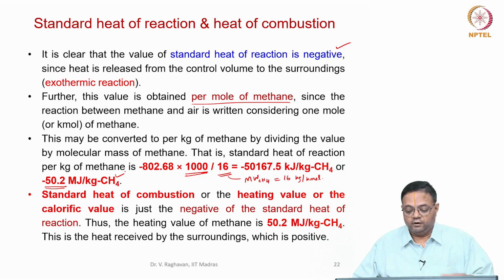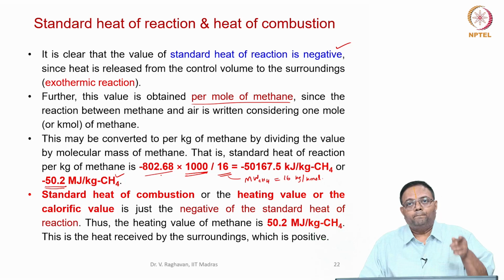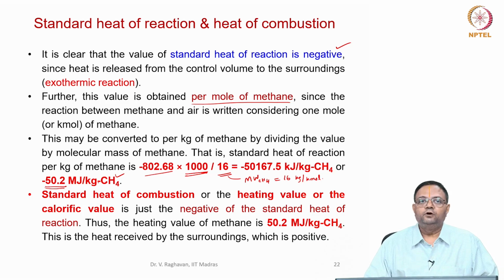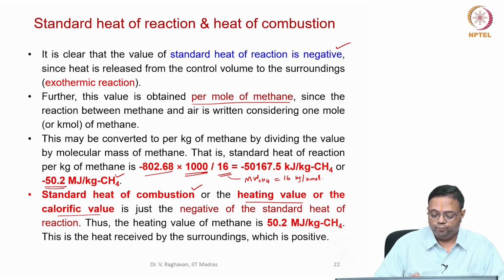So, 802.68 is kilojoule per mole of methane. Now, minus 50.2 is megajoules per kg of methane. Now heat of reaction is negative. On the other hand, standard heat of combustion is the negative of the heat of reaction. That is what the surroundings receive. That is the standard heat of combustion, which is the heating value or the calorific value.